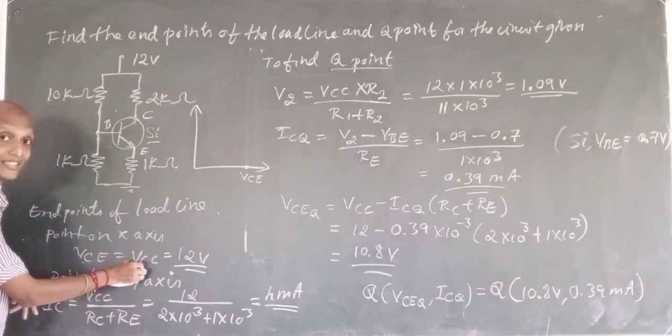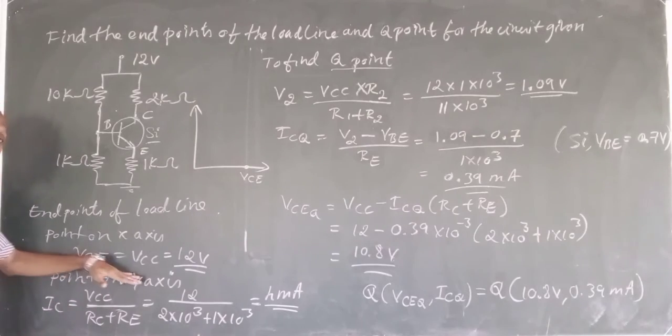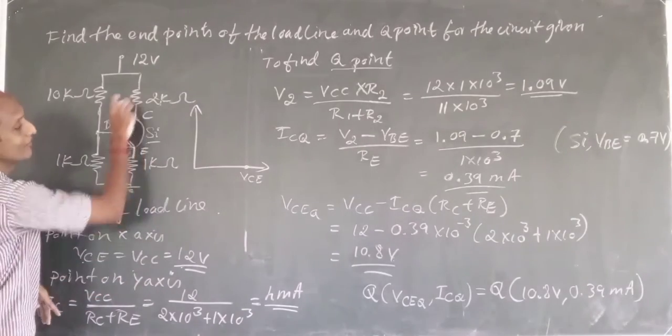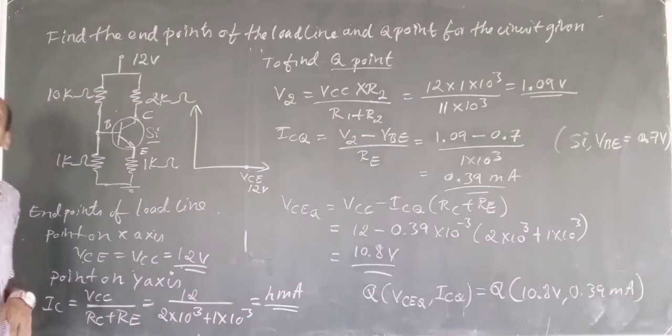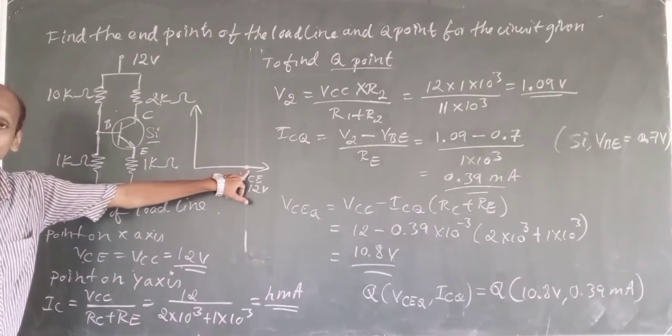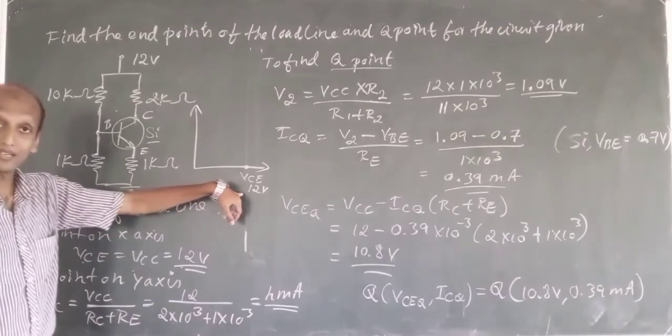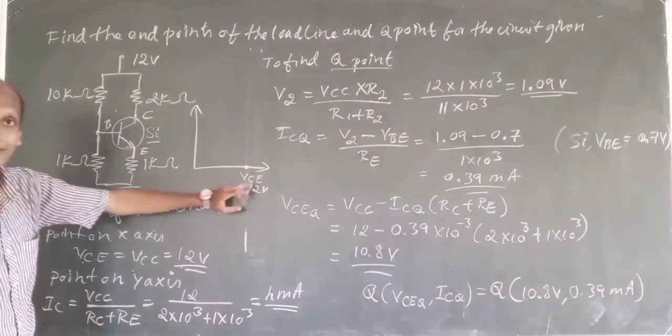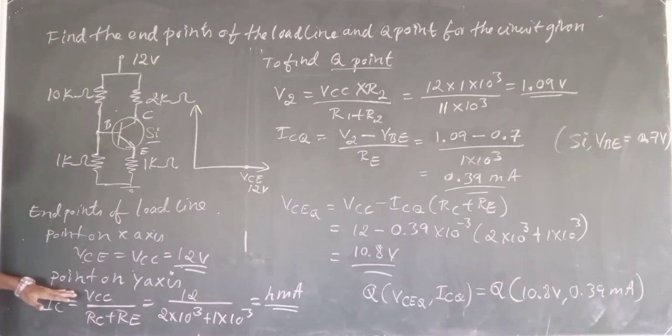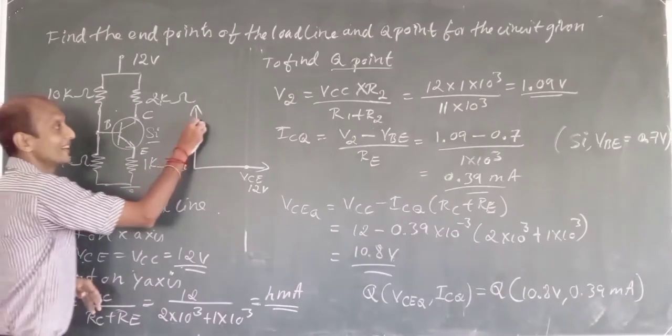VCE will be equal to VCC, that is 12 volts. 12 volts will be your VCE. So we have got one point, the cutoff point, or one of the points of your DC load line, on the x-axis.